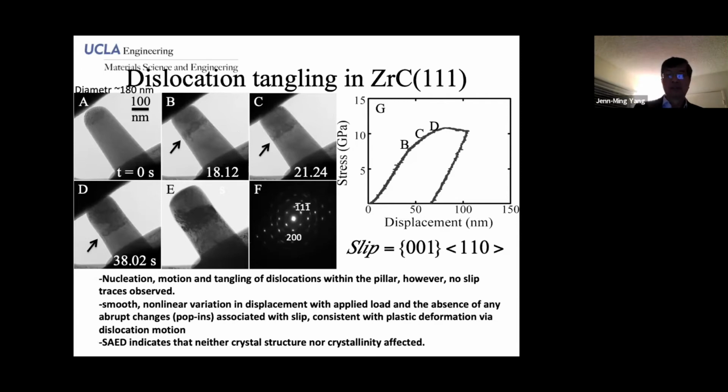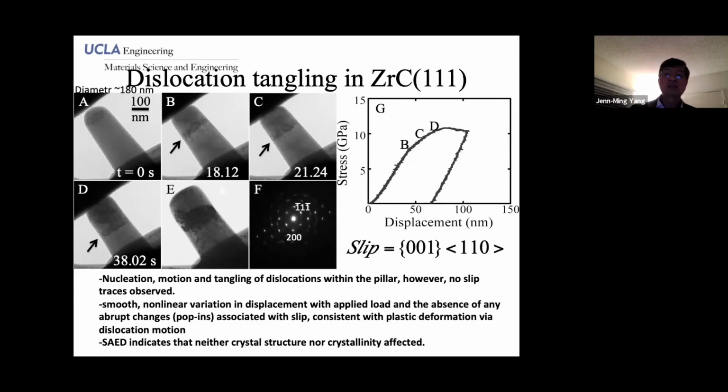As you can see from the stress versus displacement curve, we have a smooth, nonlinear variation in displacement with applied load. And there is an absence of any abrupt change or pop-in associated with slip.